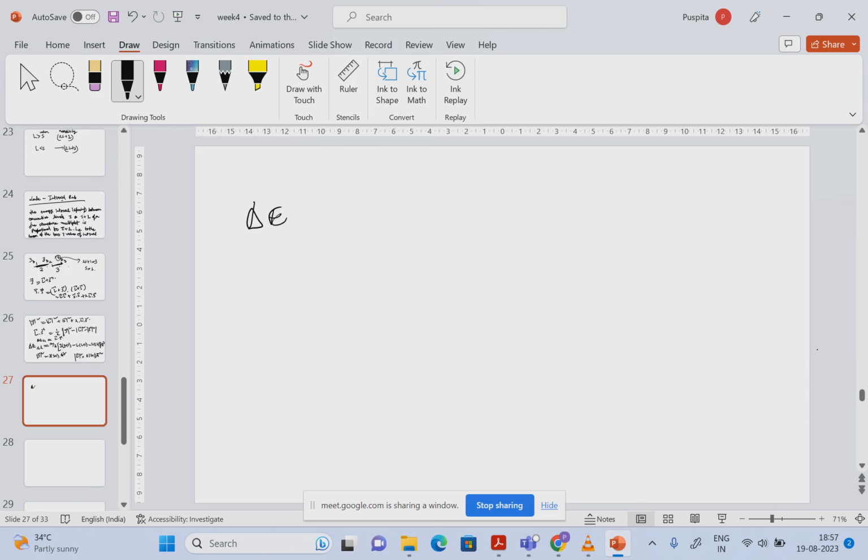So the energy difference spacing between two levels is A by 2 times J into J plus 1 minus L into L plus 1 minus S into S plus 1.